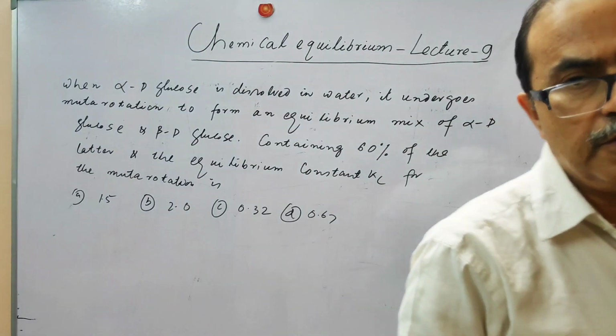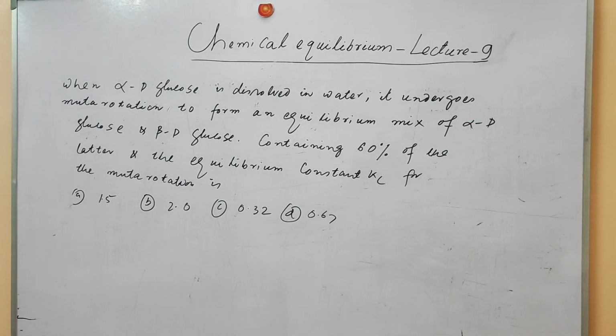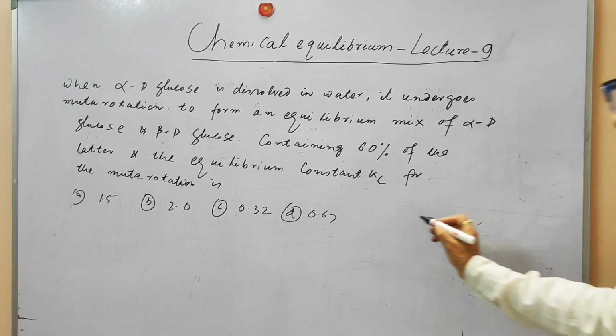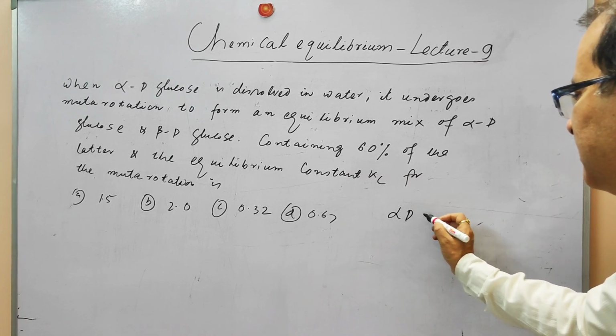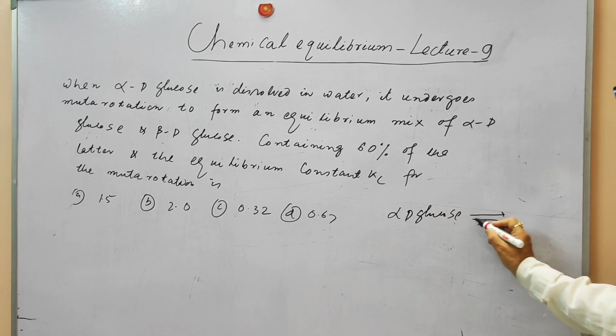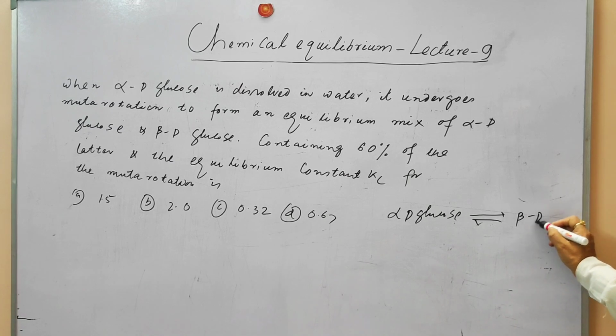This is again a very good question. When alpha D glucose is dissolved in water, it undergoes mutarotation to form an equilibrium mixture of alpha D glucose and beta D glucose, containing 60% of the latter. The equilibrium constant Kc for the mutarotation, that you have to calculate. For this, you take the equation alpha D glucose and beta D glucose.